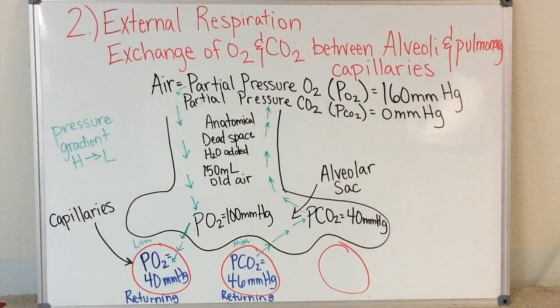Because the partial pressure of oxygen is higher in the alveoli, we will see oxygen diffuse from the alveoli into the interstitial fluid and then into the plasma. We will see carbon dioxide move in the opposite direction because the 46 millimeters of mercury pressure is greater than that in the alveoli.